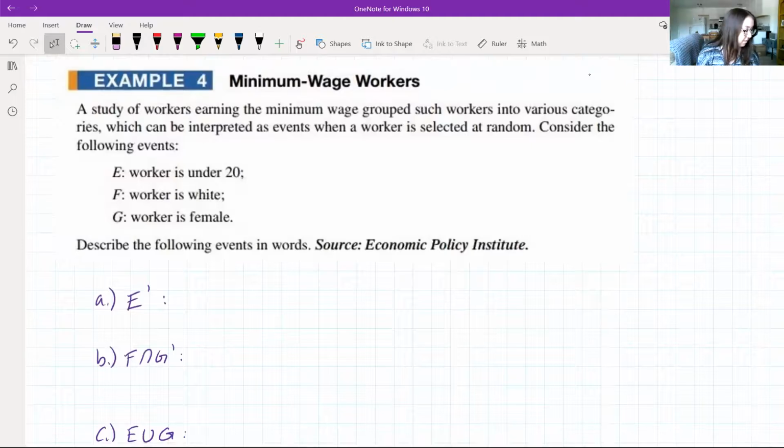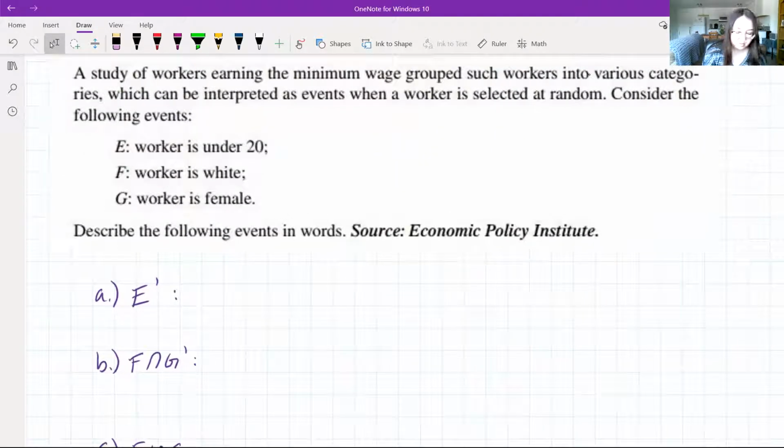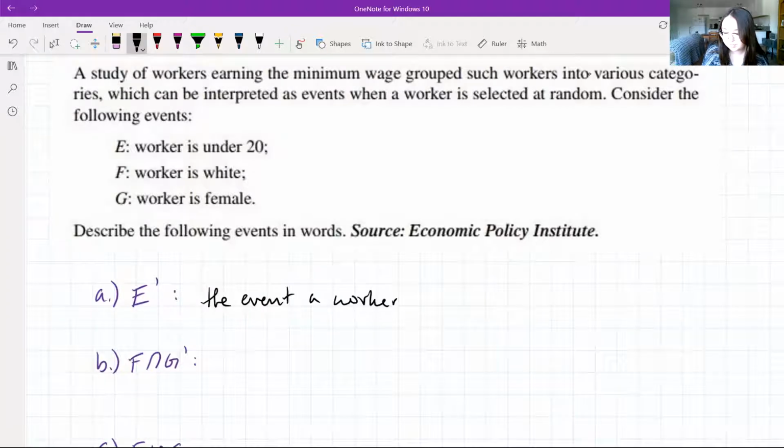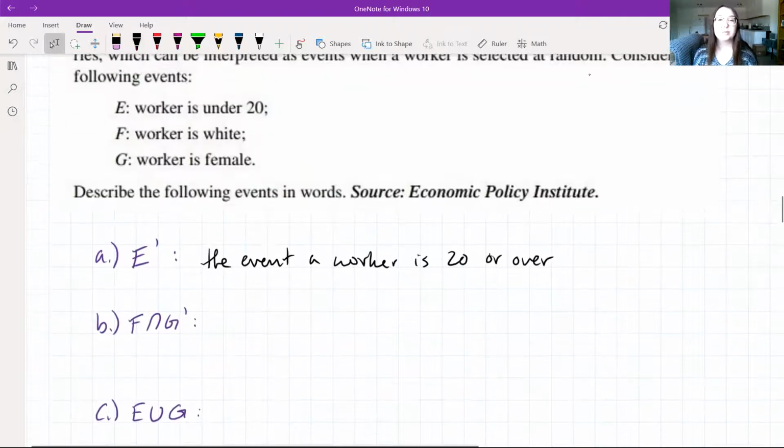So E complement is the event a worker is 20 or over. Because also, if we try and imagine a Venn diagram, we can think that E would be the set from 0 to 19. And so everything that's not 0 to 19 is going to be our complement. So we know it's going to be 20 or more.